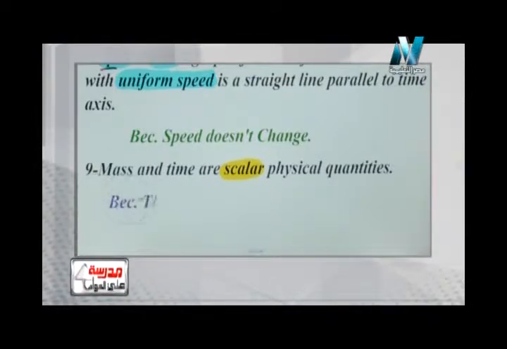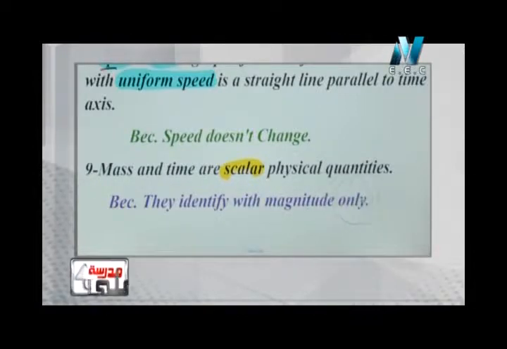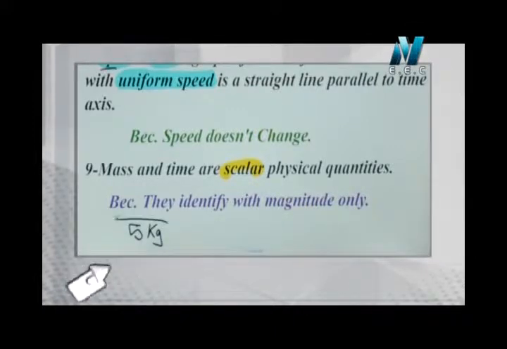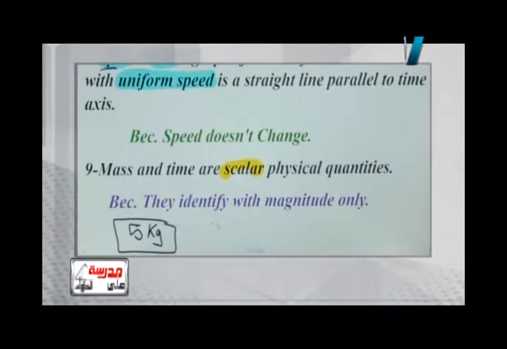Because they are identified with magnitude only. For example, 5 kilogram. So we need just magnitude. Time, we can say 3 seconds.